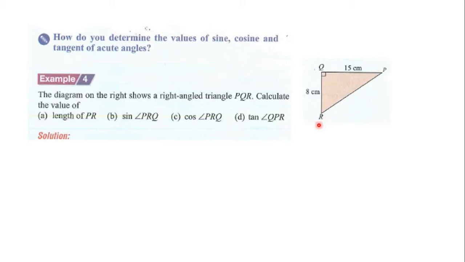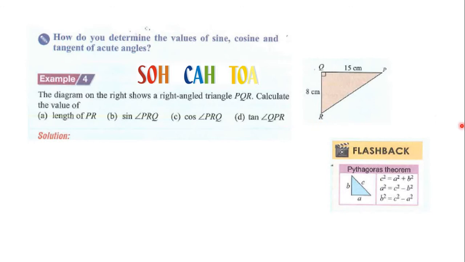First you have to find length of PR. So how to find the length of PR? By using Pythagoras theorem. So to find this one, PR is the hypotenuse. Why is this one hypotenuse?